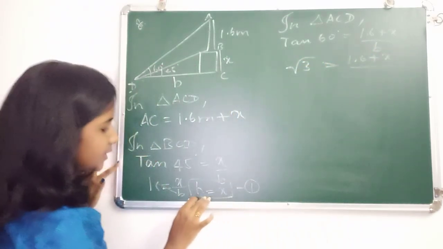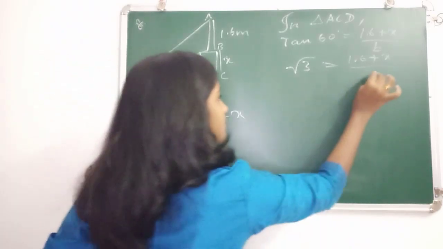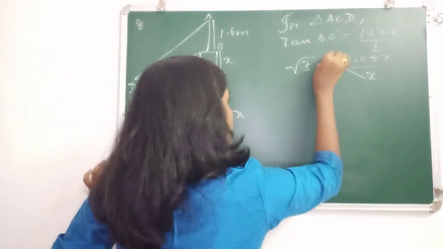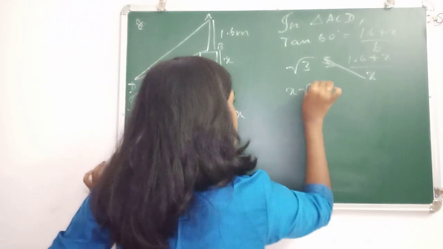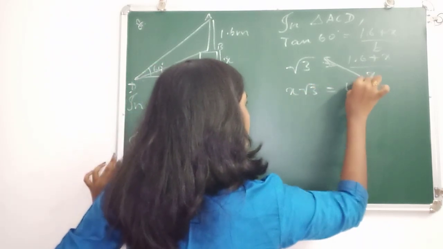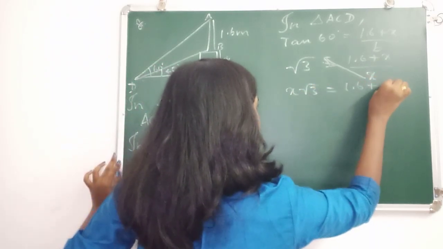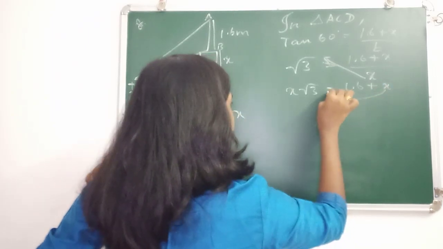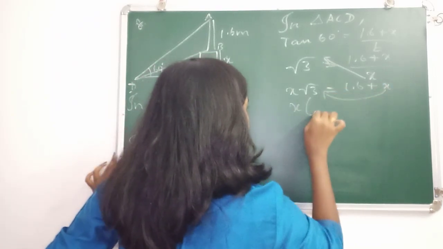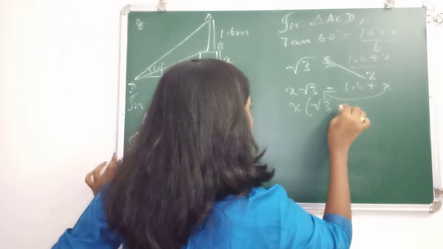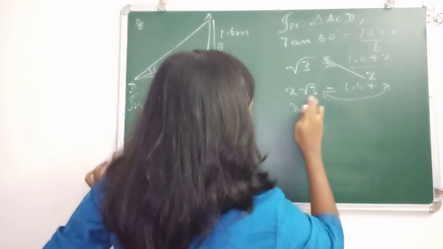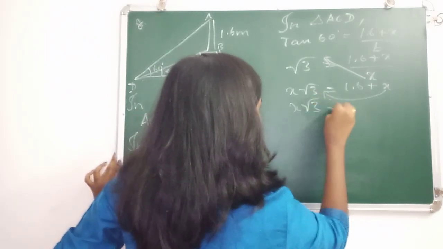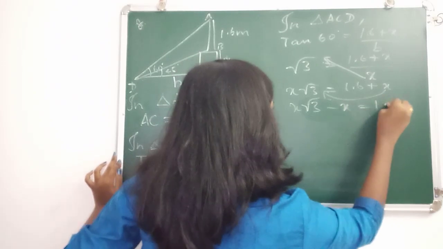From 1, we can substitute that B is equal to x, so we can substitute x here. So bringing this here, we get x root 3 is equal to 1.6 plus x. Bringing this x here, we get x root 3 minus x is equal to 1.6.